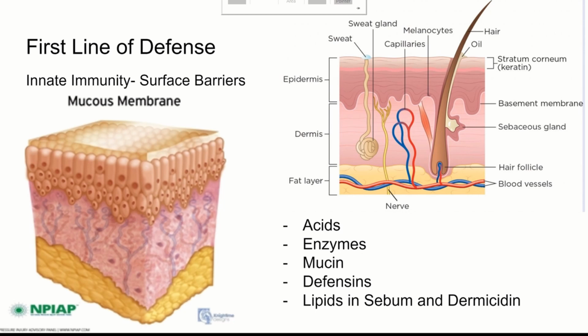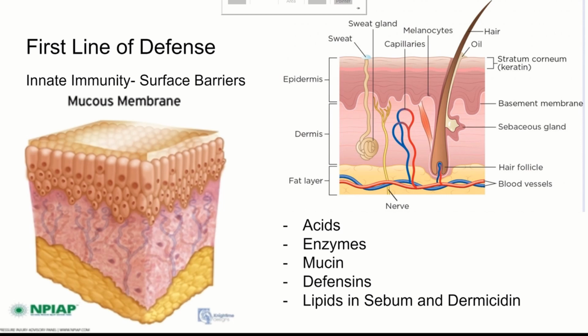Mucin is the sticky part of mucus. So this is the reason that the mucous membrane traps pathogens, because mucin is the sticky part of mucus that traps those pathogens. Then we have defensins. These are peptides that inhibit microbial growth.